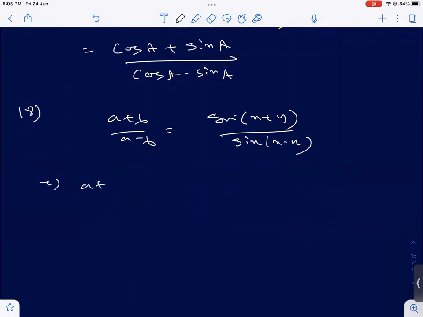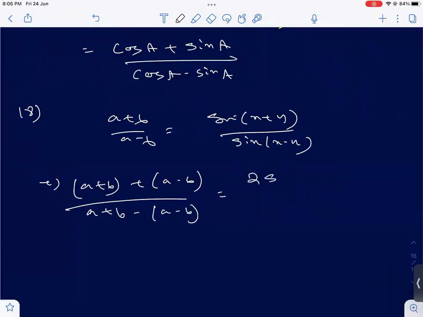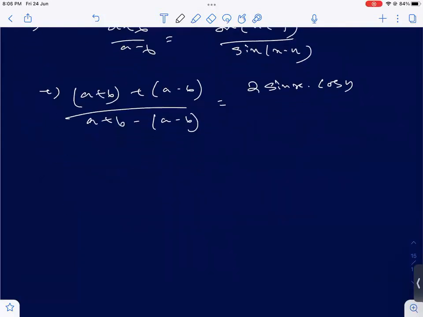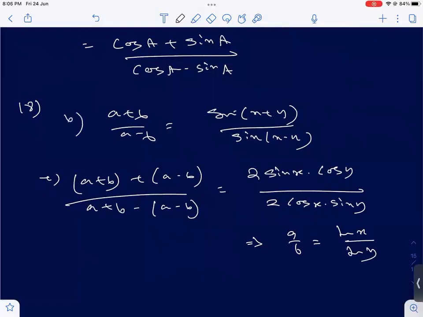Applying componendo and dividendo: A plus B plus A minus B, A plus B minus A minus B equal to 2 sin x cos y total divided by 2 cos x sin y. That is why we can write 2A by 2B, it means A by B, that is tan x by tan y. So option for 18 is coming to be B.